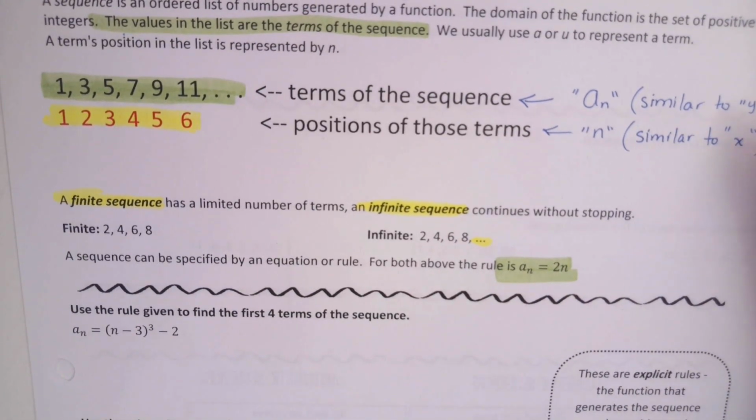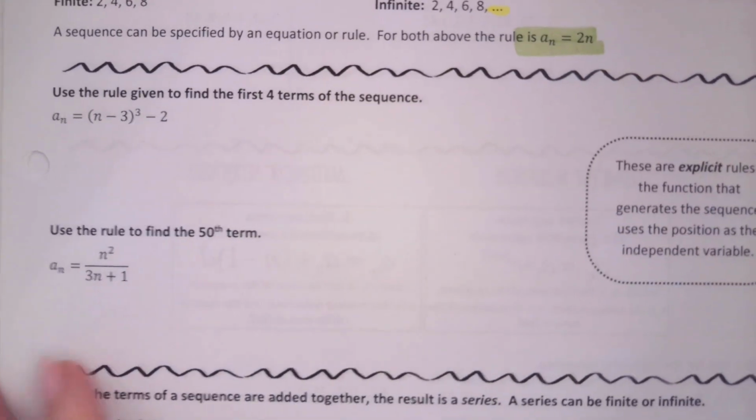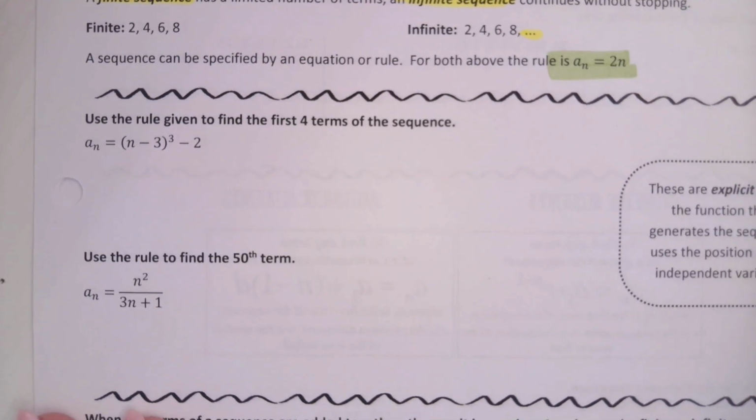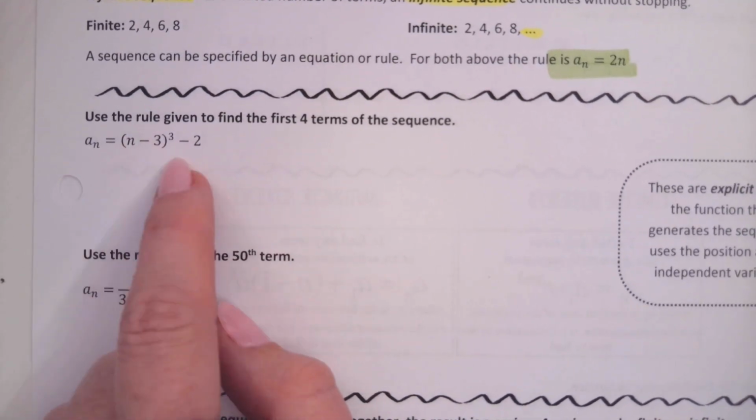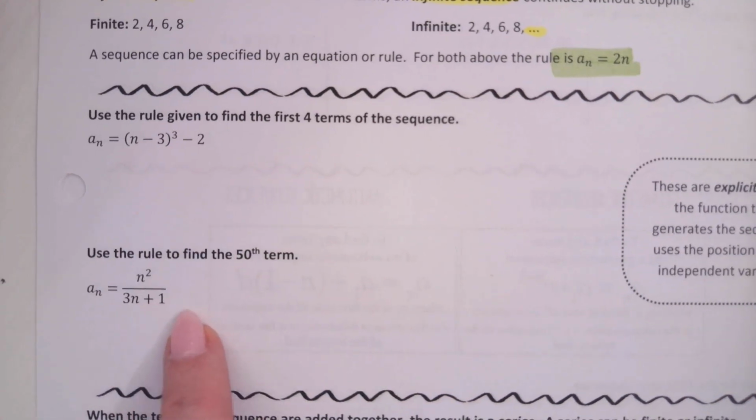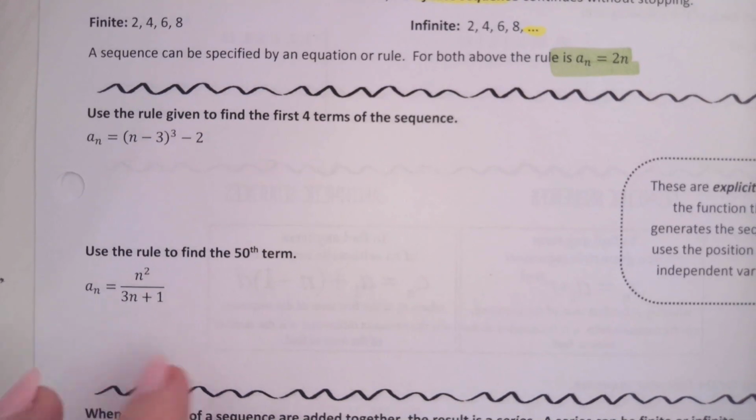So for the first ones, we're given a rule to follow, and we're asked to find the first 4 terms of the sequence. These are definitely not linear sequences. This one would be a cubic function. You can see it has that cube exponent. The bottom one, does anyone know what type of function this one would be? It would be a rational, right? So there's variables on the top and bottom.